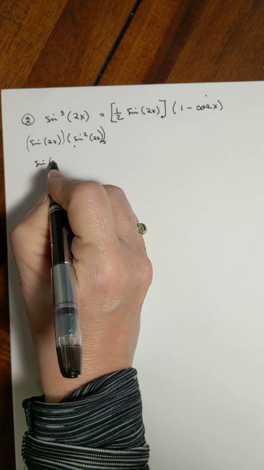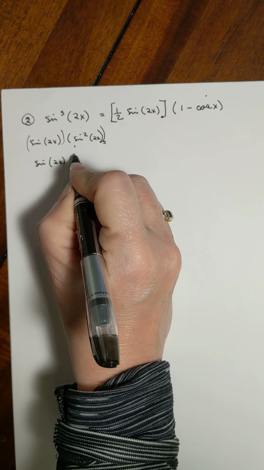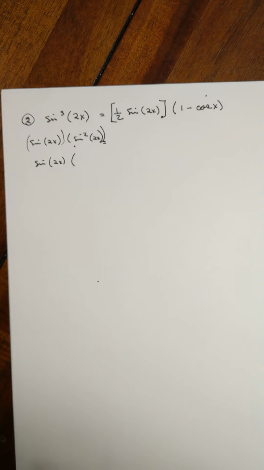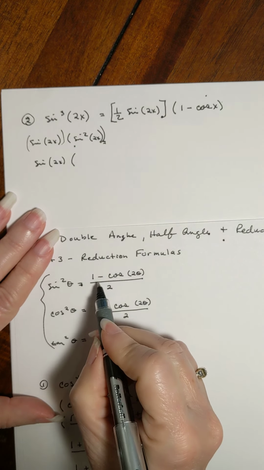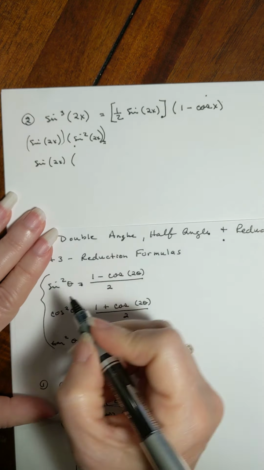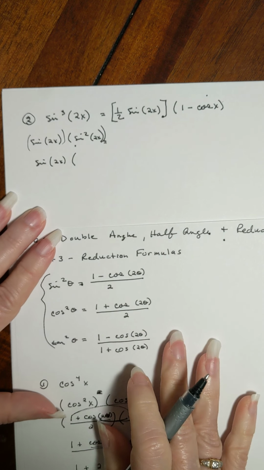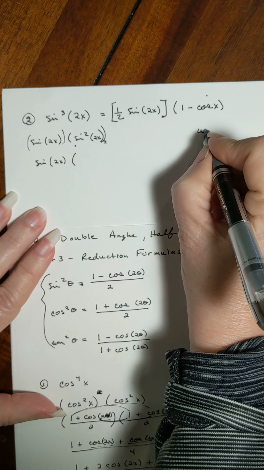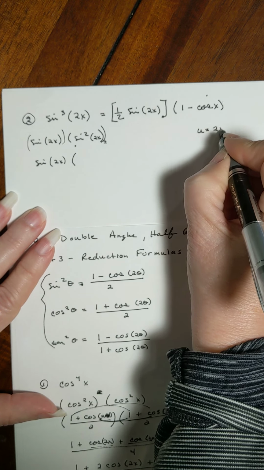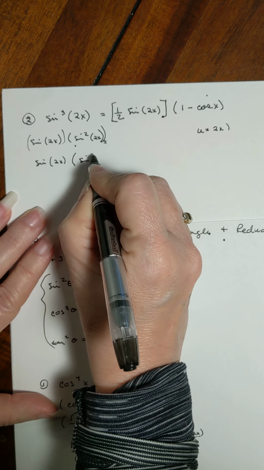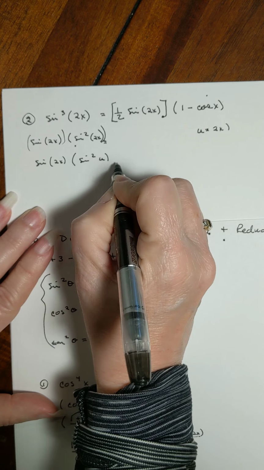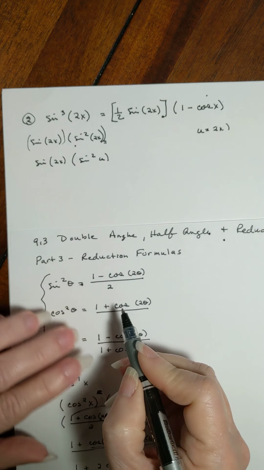So I'm going to use the power reducing formula for the sine squared of 2x. Now again, or the sine squared of theta. Now again, I'm going to let u equal 2x. So this is going to be sine squared of u.